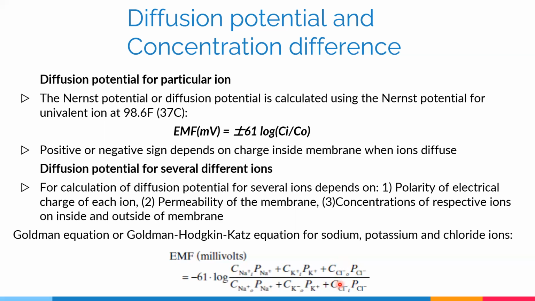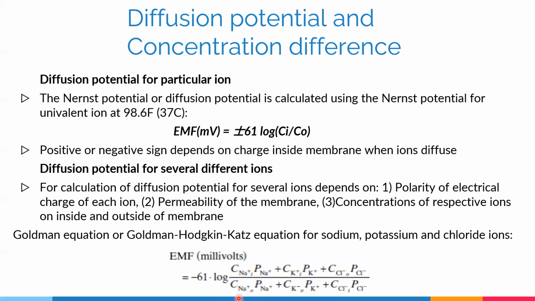This is because the polarity of chloride is the reverse of sodium and potassium, which are positive, and chloride is negative. And thus, when we plug in the values, we have to put the concentration of chloride outside of the membrane in the numerator, whereas we keep the concentration inside the membrane in the denominator. So this may sound complicated, but it is not very complicated.